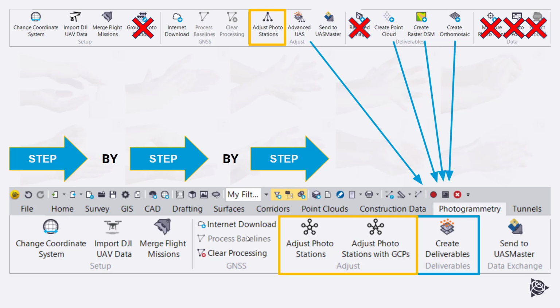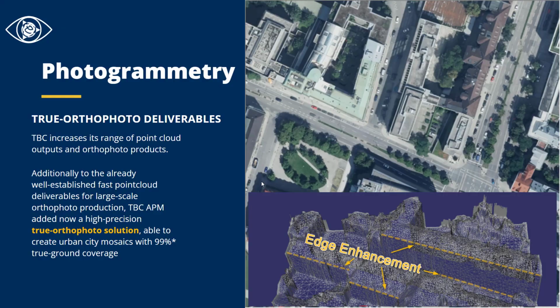Next, the second part that is new in 5.6 for area photogrammetry are the true orthophoto deliverable options. Trimble Business Center now offers, additionally to already existing point cloud generation tools, also the possibility to create very detailed point clouds and true orthophotos.